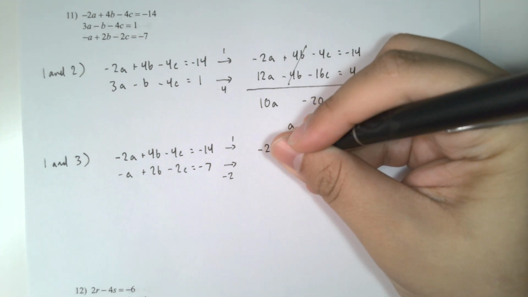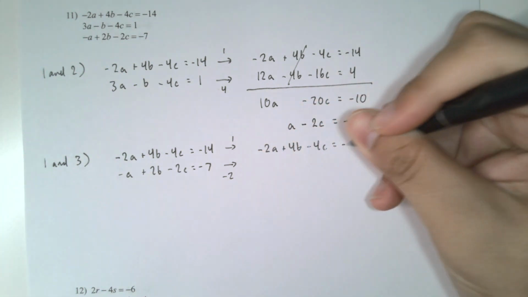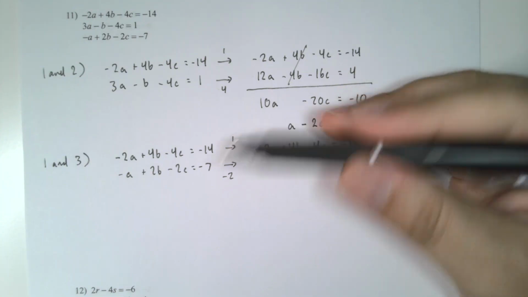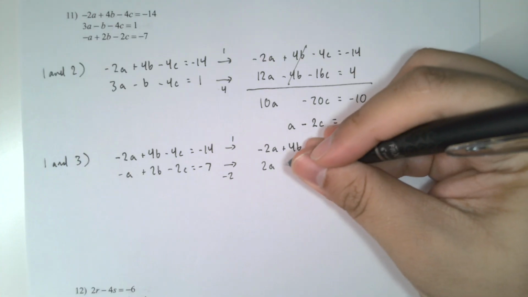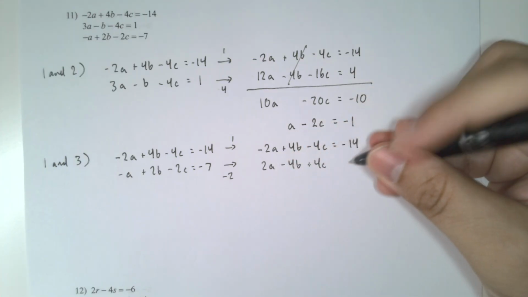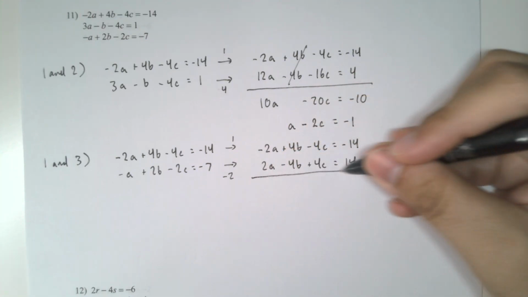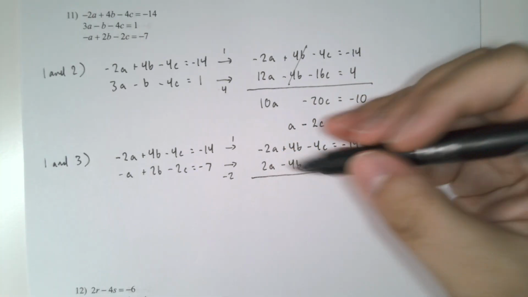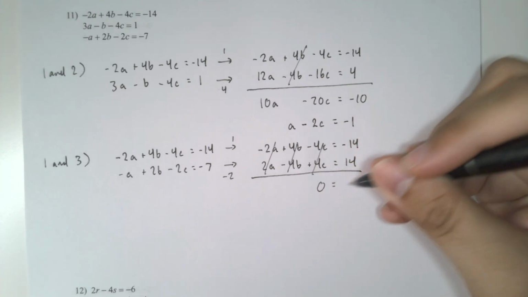Top equation is -2a plus 4b minus 4c is equal to -14. But the bottom equation, multiplying everything by -2, is going to be a positive 2a minus 4b plus 4c is equal to positive 14. Whoa, look at that. So all of our variables cancel on the left.